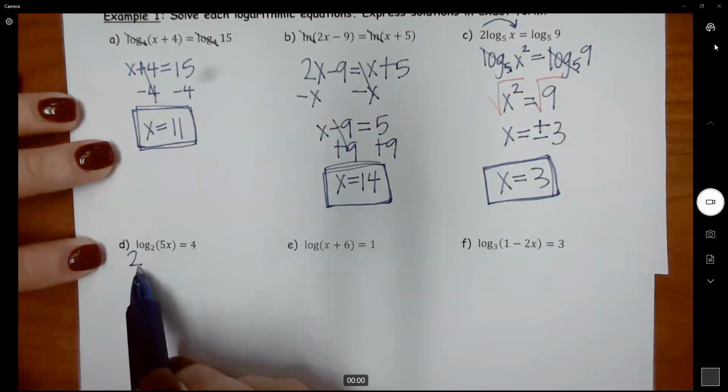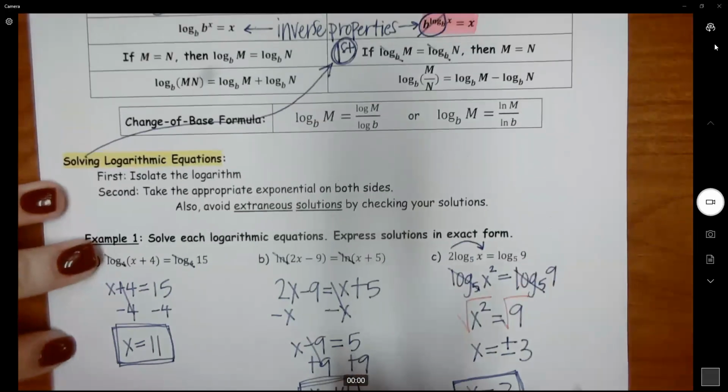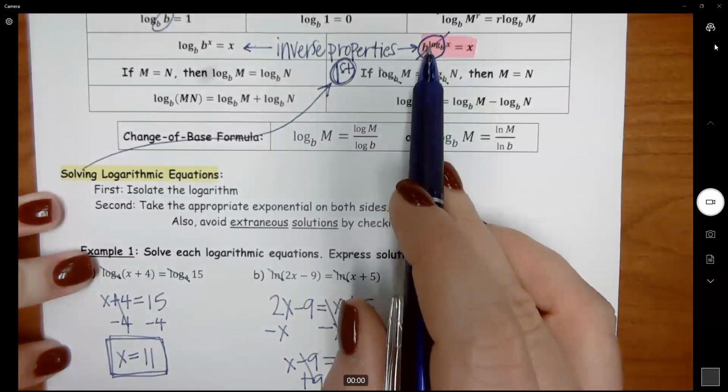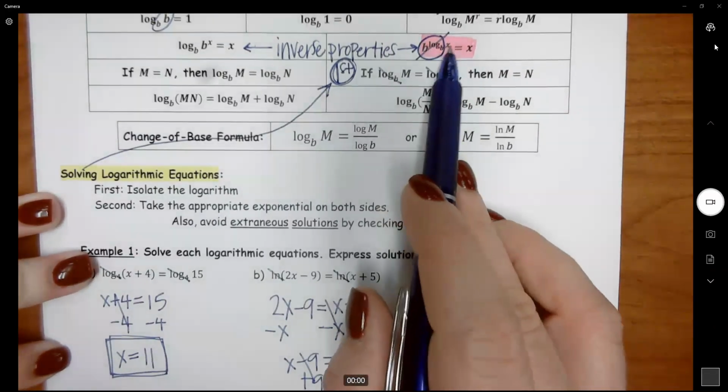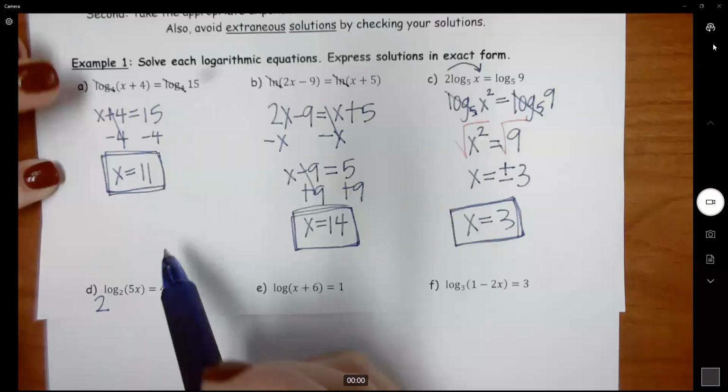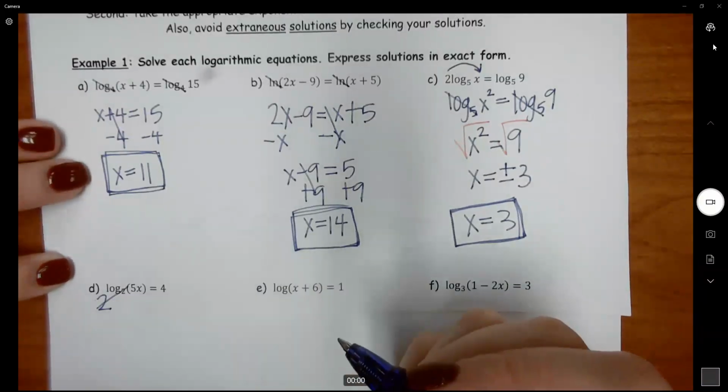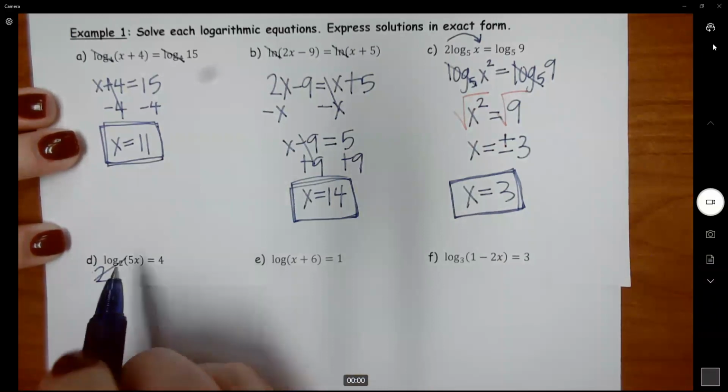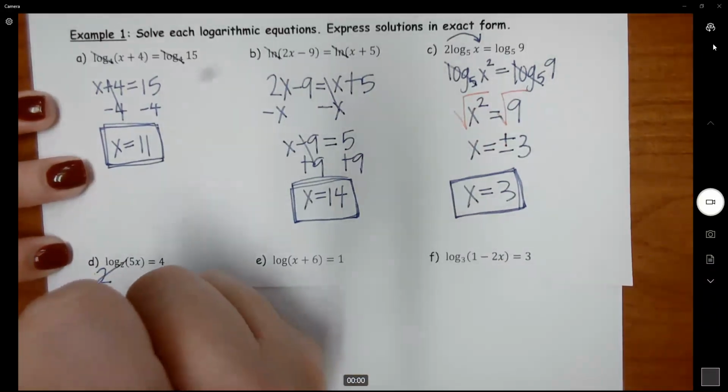So you have 2 to the log base 2, just like here, we have b to the log base b. Those cancel and you're left with whatever's over here. So when these two cancel with each other, now I am simply left with 5x.